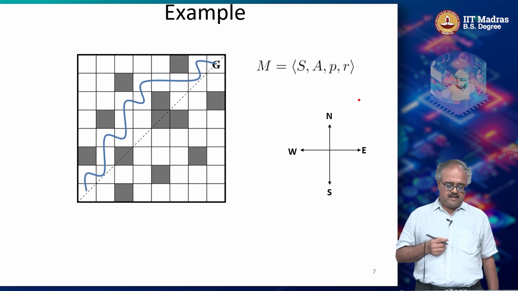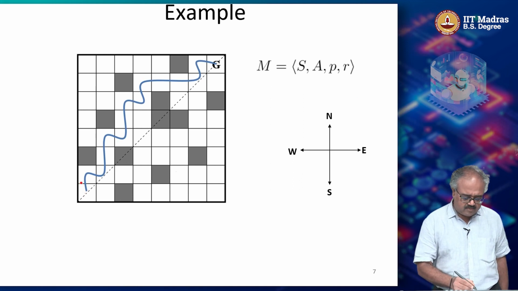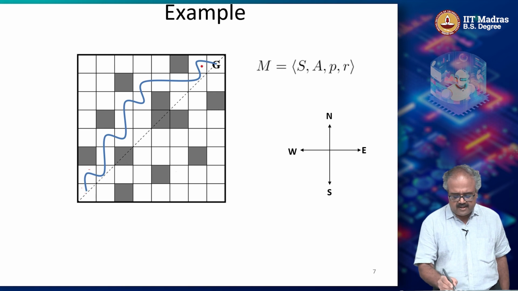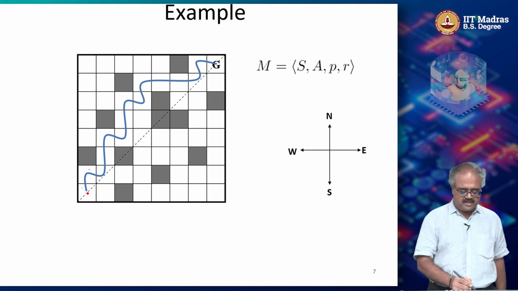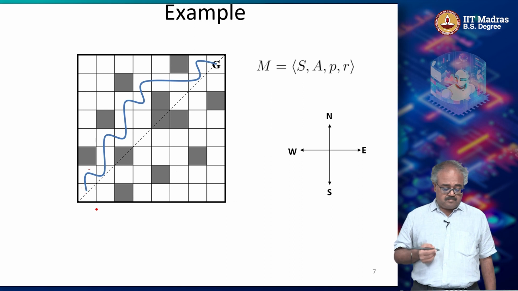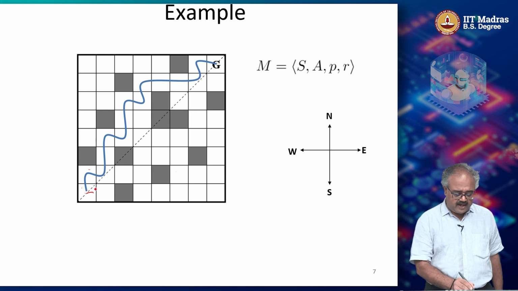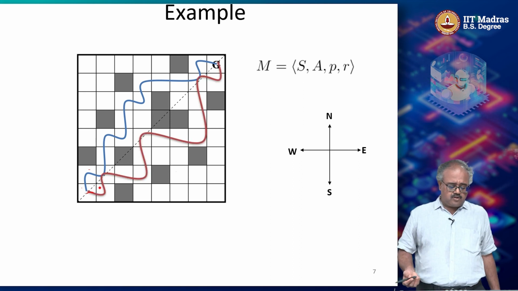That is one optimal way. You can start from the start state, go up, right, up, right, up, right, up, and right. But what if instead of going up, I go right here? That is also possible.